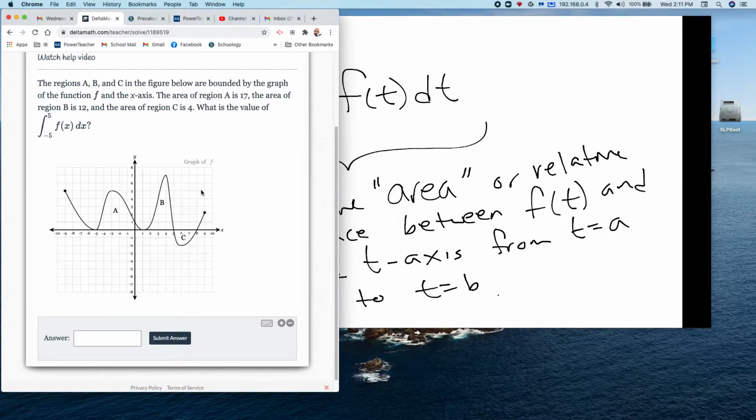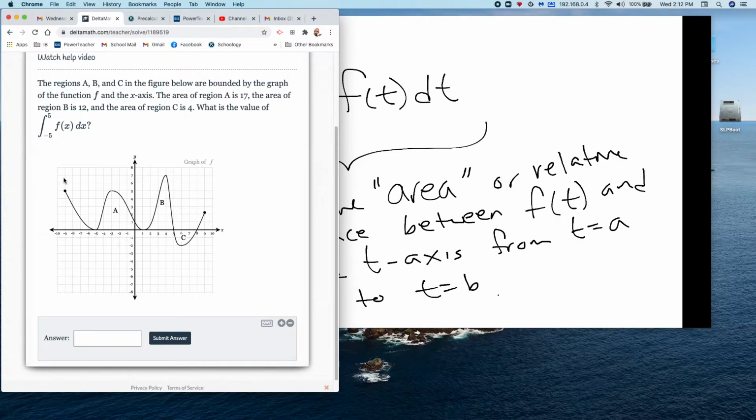The regions A, B, and C are in the figure above, bounded by the graph of the function f and the x-axis. Notice that that's the graph of f. That's an important piece. The area of region A is 17, the area of region B is 12, and the area of region C is 4.